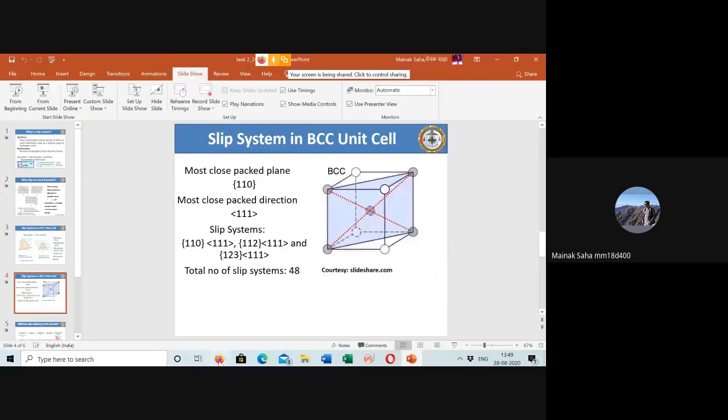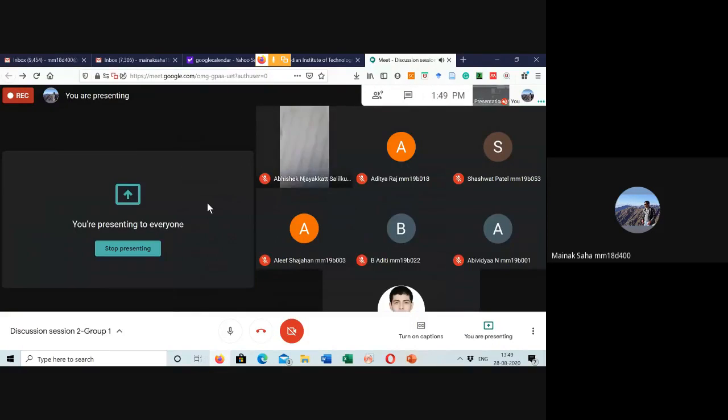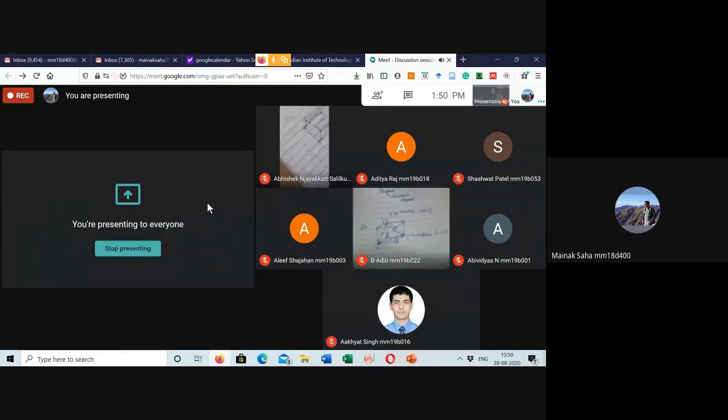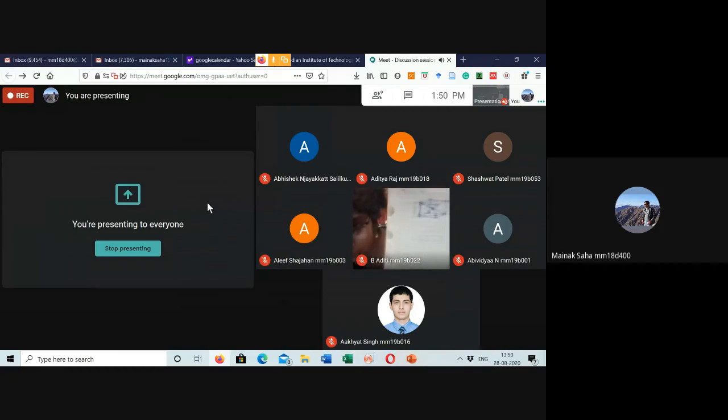Sir, is it 110 plane? Yes. Now let me see, can you show me how you drew it? Okay, now identify the slip direction from here. Aditi is showing something. What is this? Slip direction.